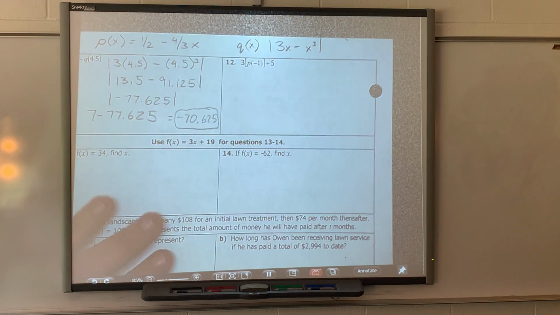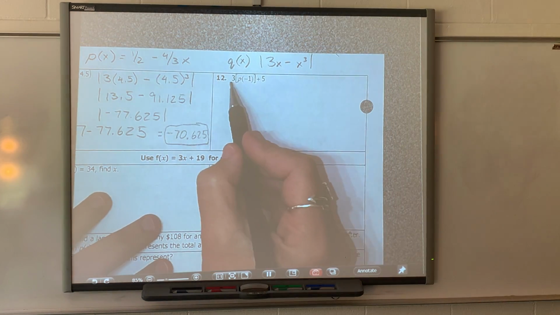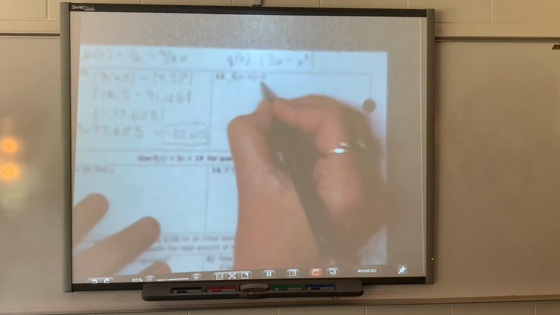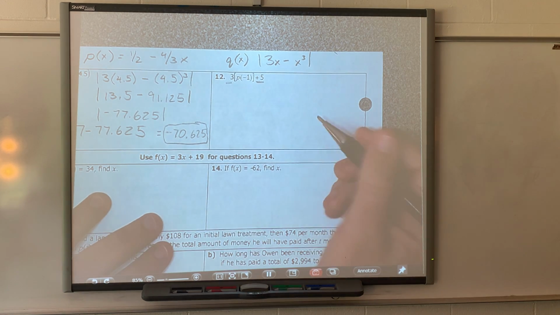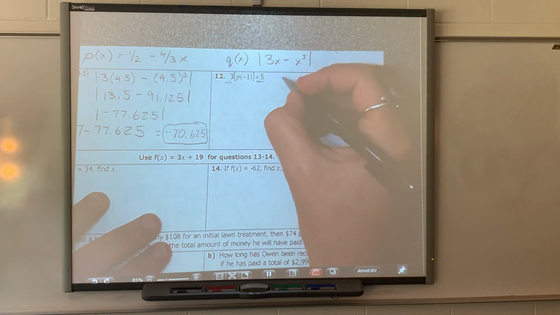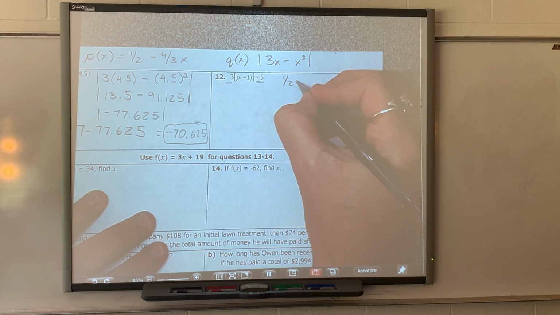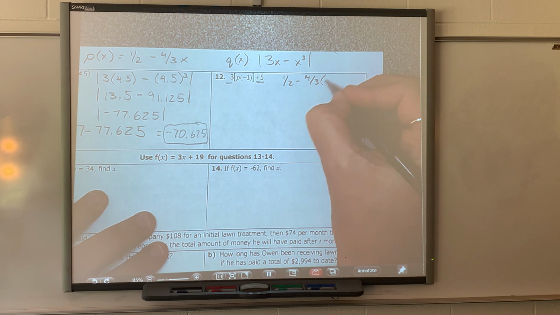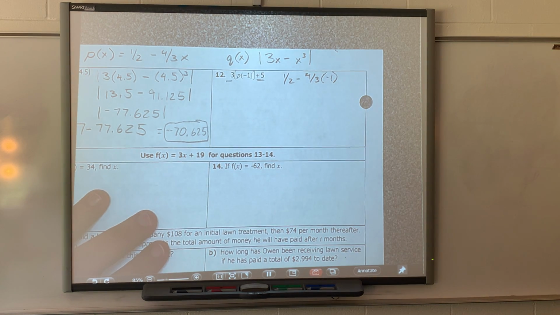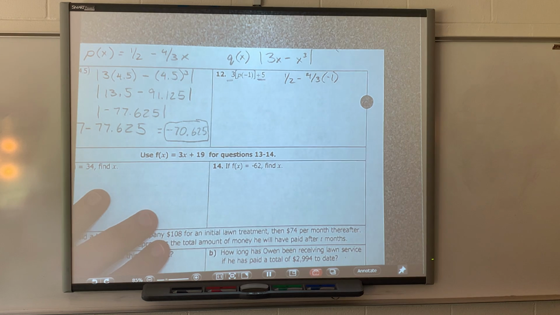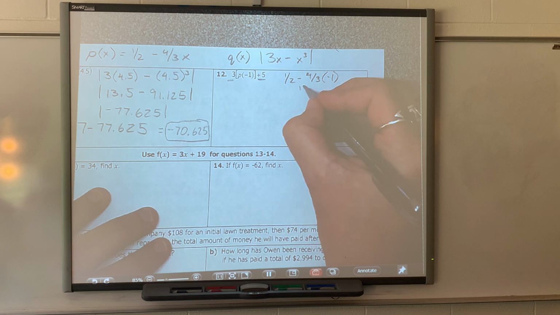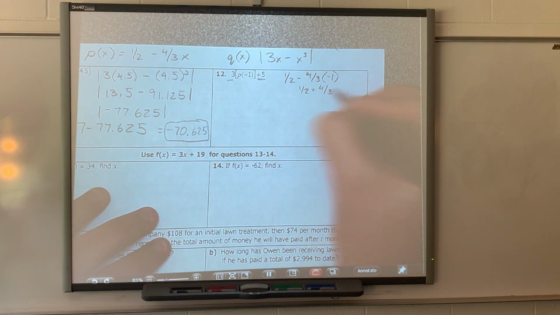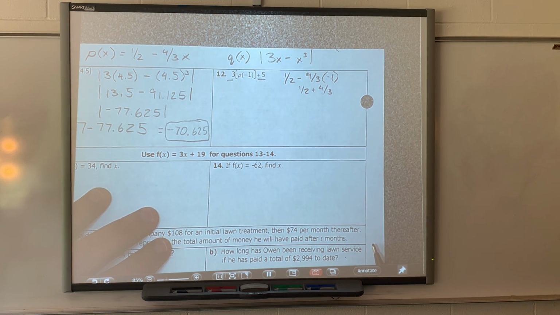All right, this one. I've got 3 times and plus 5, but all that stuff has to wait because I've got to deal with what's inside first, alright? So P of negative 1, that's really not gonna be that bad. 1/2 minus 4/3 times negative 1. What's gonna happen when I multiply 4/3 times negative 1? This is gonna become positive because it's really already negative. So what I end up with is 1/2 plus 4/3. So handy dandy calculator, get after it.